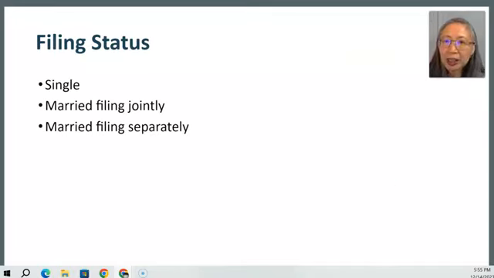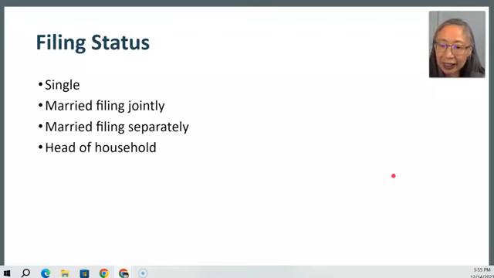It can be married individuals filing separately, so they are similar to a single individual. And then there is head of household. Head of household can be an individual that has dependents, so single parent, or even an individual who is taking care of their parents. So the important thing is someone who is dependent on you. So as you can see, a head of household has more financial responsibility than a single individual.